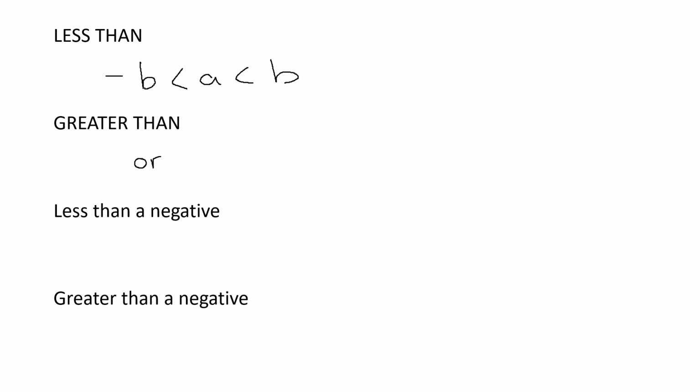If when you are working it, you end up with an absolute value of something that is less than a negative answer, the answer is no solution. There's no number of an absolute value that's going to be a negative number. Never, ever, ever.